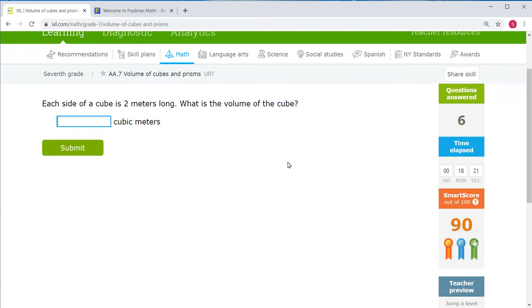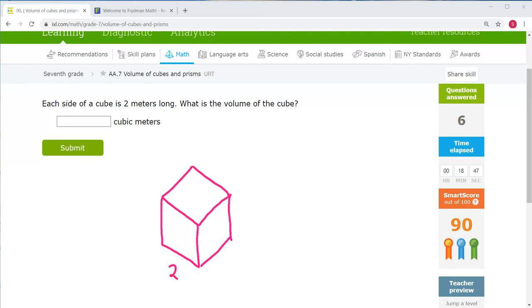Okay, so it's a word problem. The same idea as what we've done before. Maybe just sketch it out, and that might help. So each side of a cube is 2 meters long. So you can draw a little cube, and it says each side is 2 meters long.